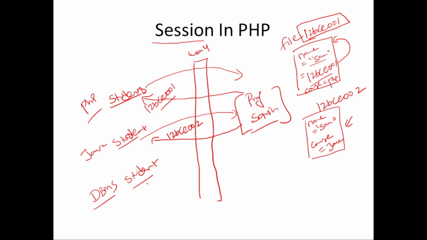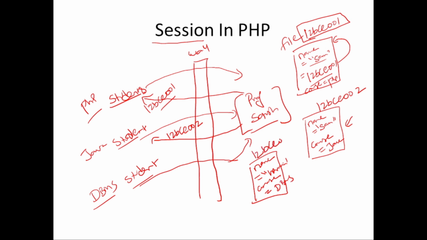Likewise, when the third student initiates a communication with Professor Satish, he creates another file for the third student, with the name, say Harini, and the course DBMS. Now he assigns a unique registration number for this student.